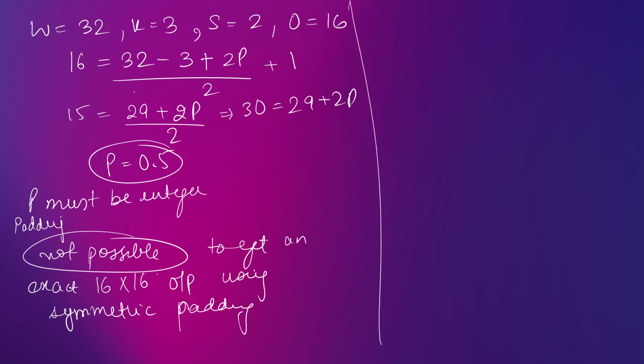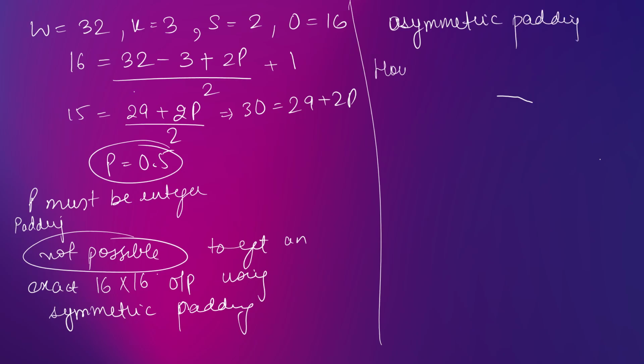We are right now only talking about symmetric padding. But in practice, when we use deep learning frameworks, we use the concept of asymmetric padding, which is also a concept.